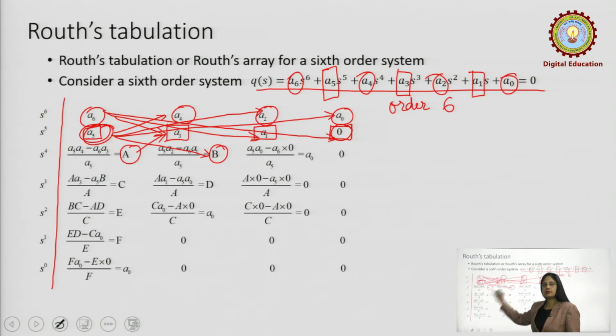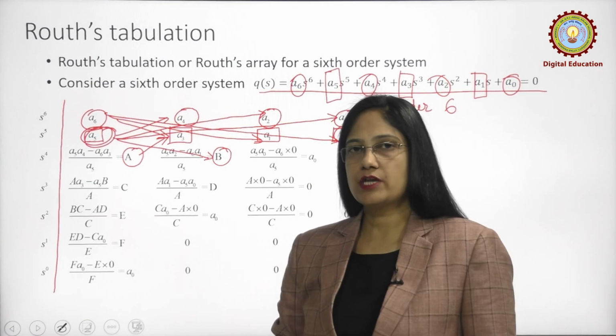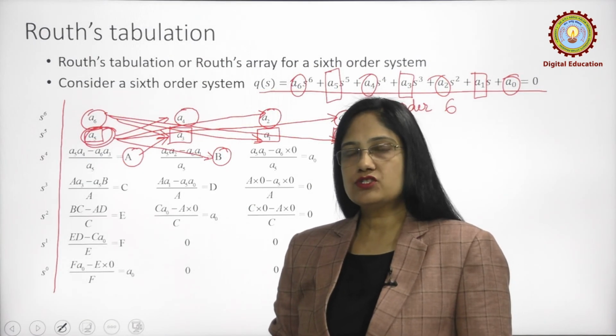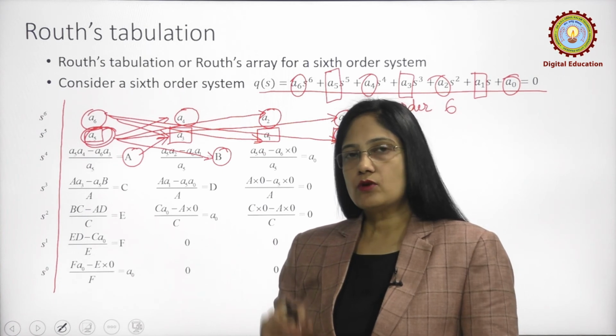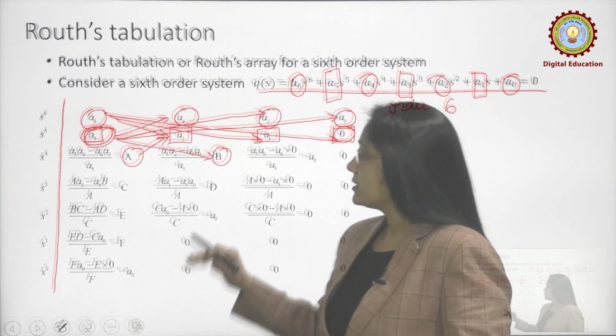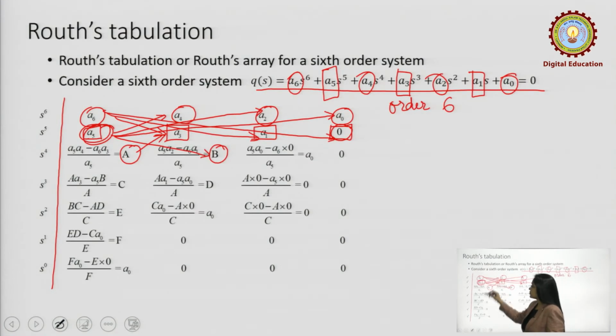If all the elements have the same sign, that is, there is no sign change, then it is termed that the system is stable.